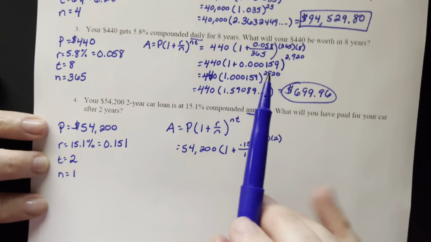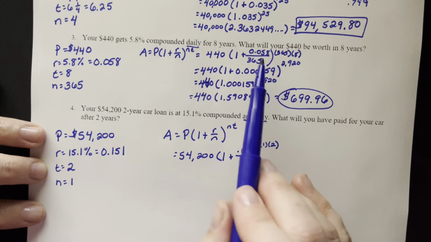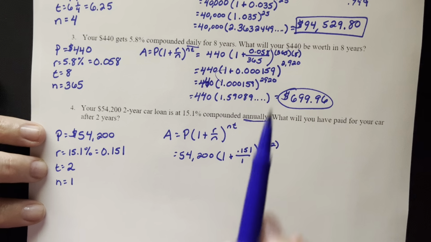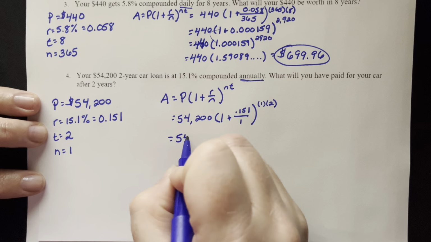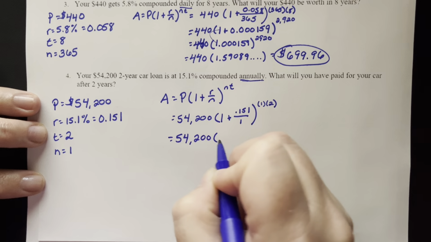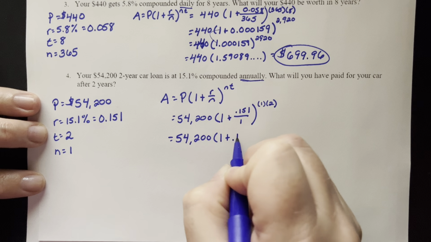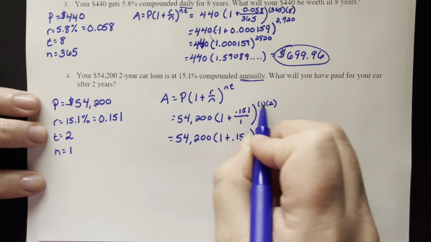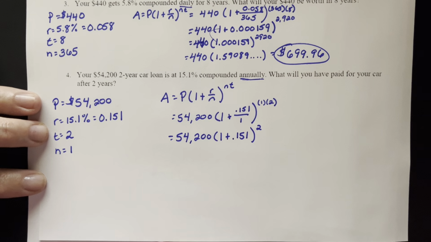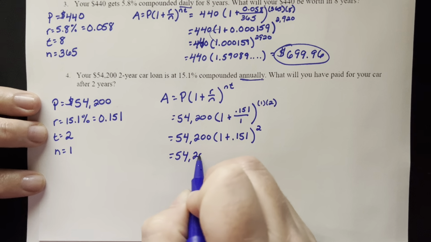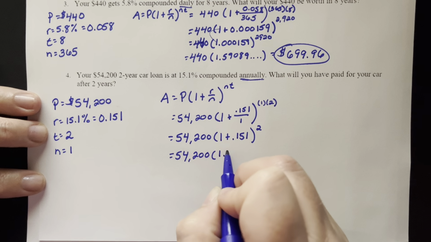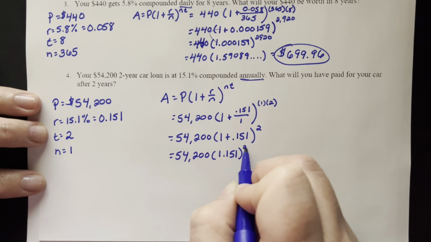If you just do this and then jump right to the answer and the answer is incorrect, I don't know where you went wrong in the middle. Okay. So $54,200 times 1 plus 0.151, because divided by 1, and times 1 just gives us an exponent of 2. So $54,200 times 1.151 squared.